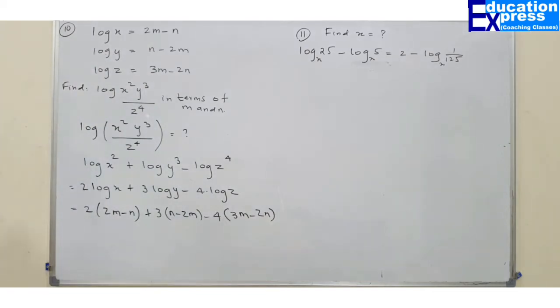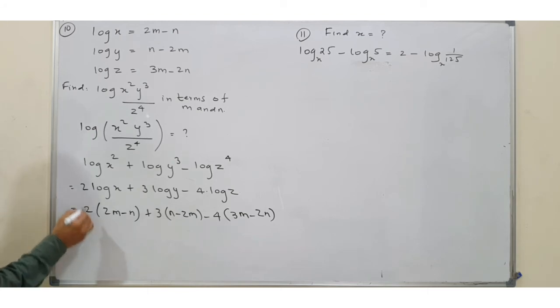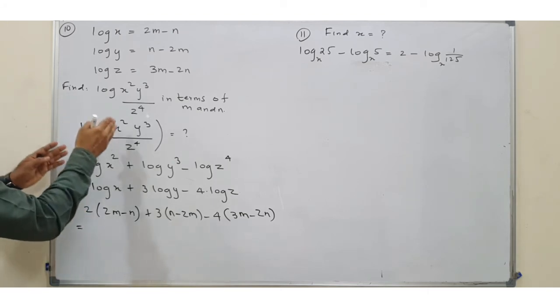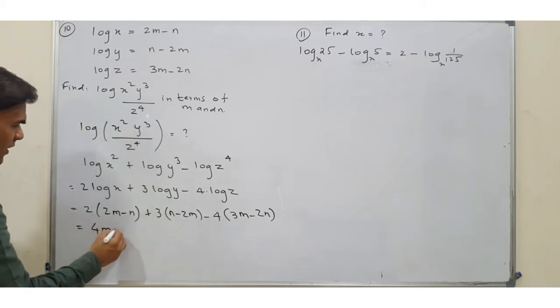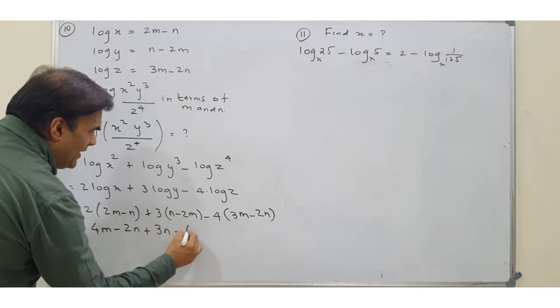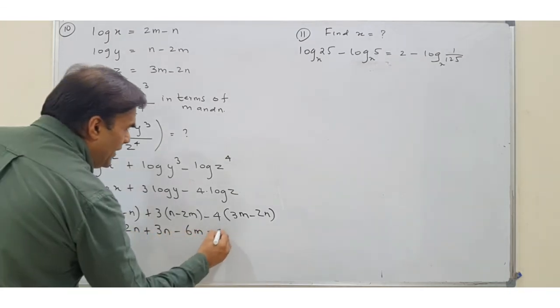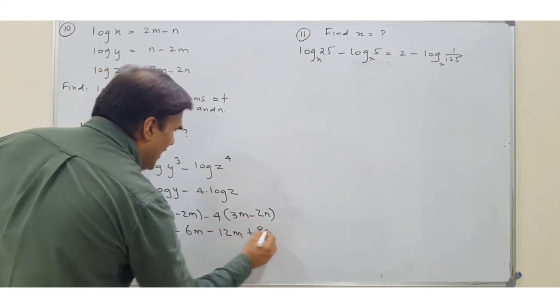So guys, we simply have to open up the bracket and find the value of log of x square y cube upon z raised to 4. So 4n minus 2n plus 3n minus 6n minus 12n, minus into minus plus 8n.